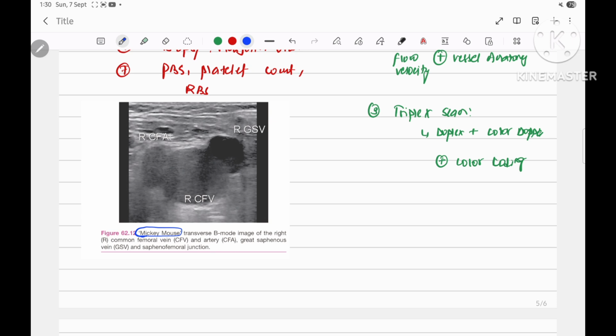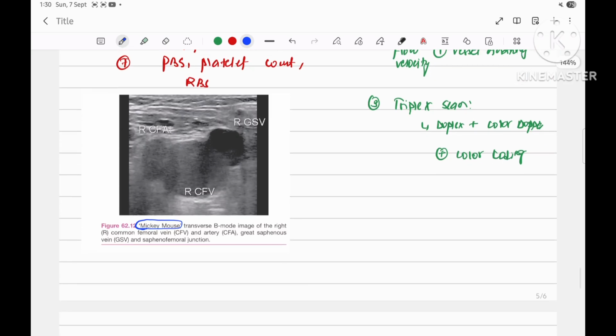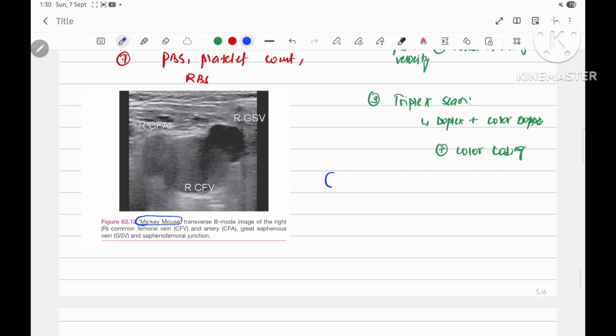It means that while doing duplex, we see the common femoral artery, simply the femoral artery, and then we see the great saphenous vein and the common femoral vein. Just simply we see femoral artery, femoral vein, and great saphenous vein, and this appearance looks like Mickey Mouse.